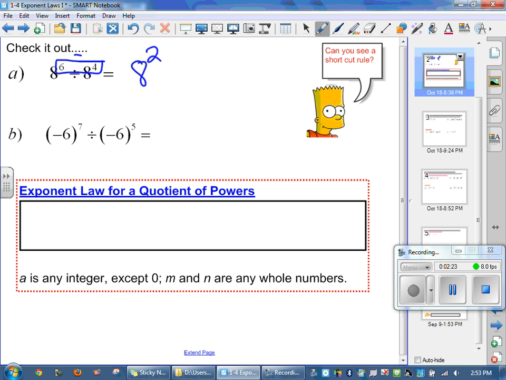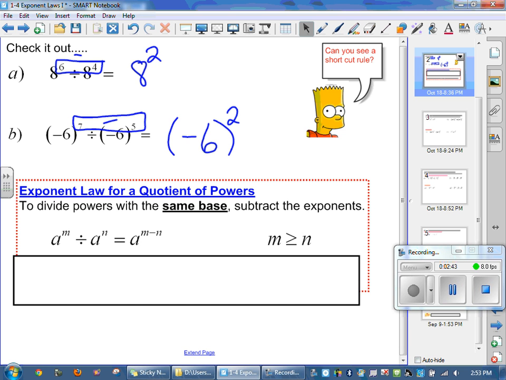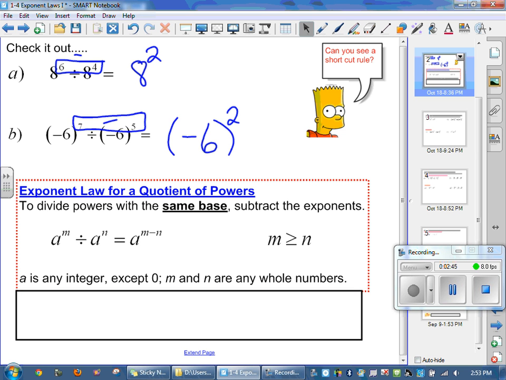Same thing over here. We've got a -6 as our base. And now we take our exponents, 7 and 5, and subtract them, and I'm going to get a 2 again. Okay? So as long as our base is the same, we subtract when we're dividing. We subtract our exponents. So let's write down the law that it talks about. This is called exponent law for a quotient of powers.